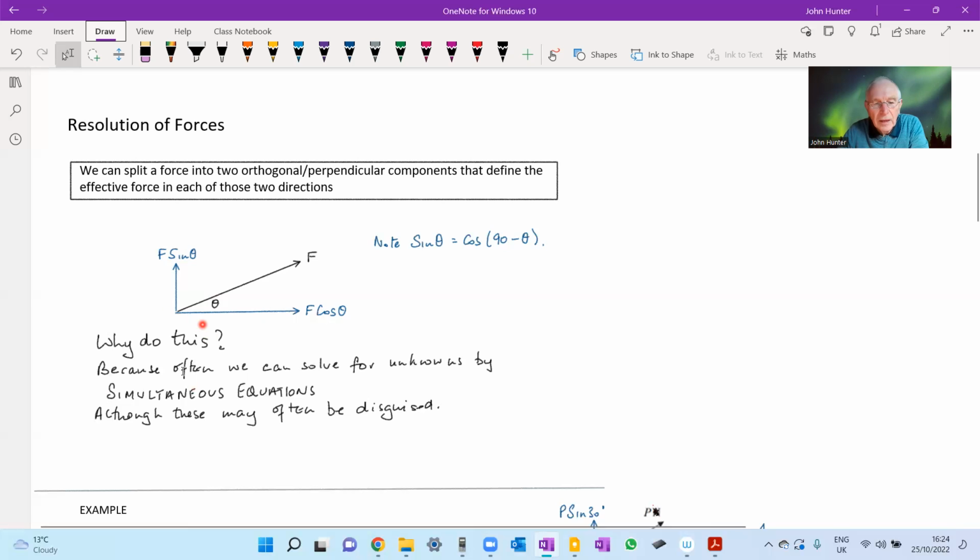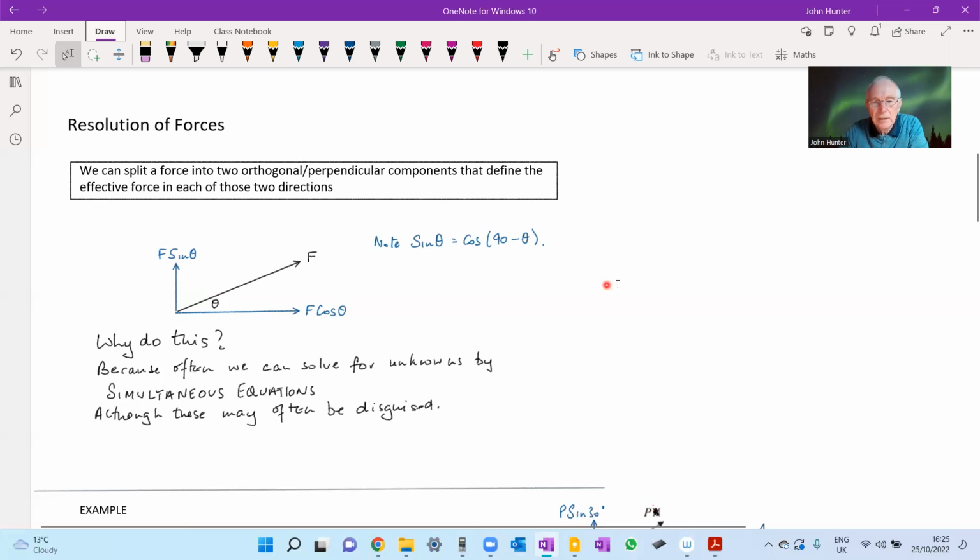The other thing that comes out of that is that when we're looking at these two orthogonal directions, what we're effectively doing is building up simultaneous equations, and that's what helps us to solve for unknowns. We can have two unknowns in two directions, and use those to solve for the two unknowns. Okay, if that's not clear, then don't worry about it.